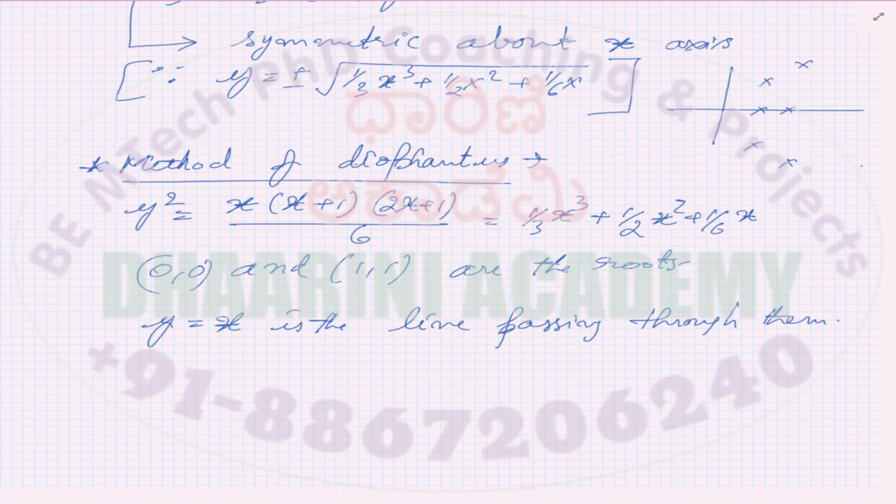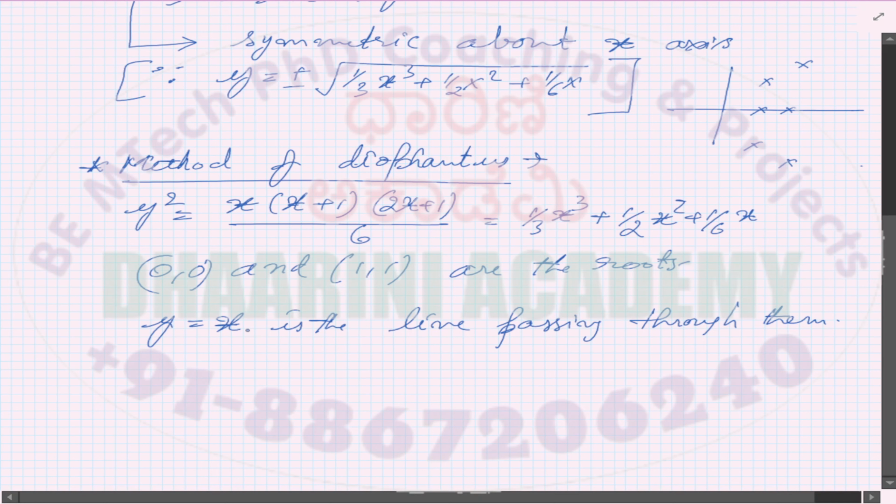Since it is an equation of degree 3, it's a cubic curve. When you solve any cubic equation, how many roots are you expecting? 3 roots. So let us use that now. The y equal to x line should also pass through your third point. That's our very basic idea now.